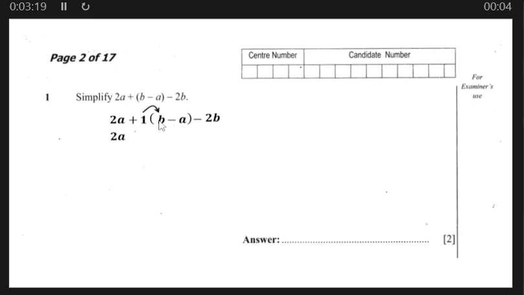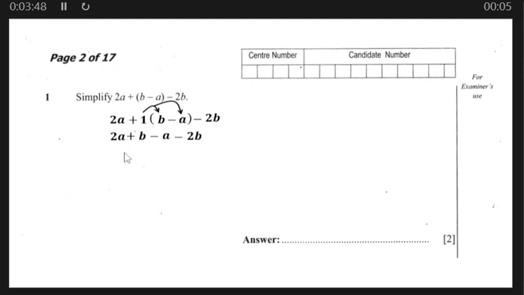Plus 1 times b gives us positive b. Then positive 1 times negative a gives us negative a. Then the brackets have been cleared out, and we bring down minus 2b.